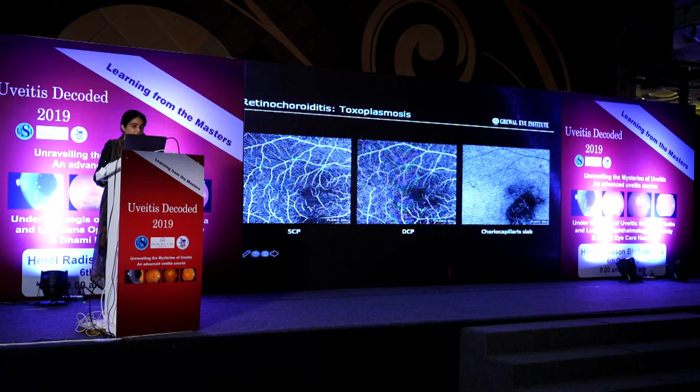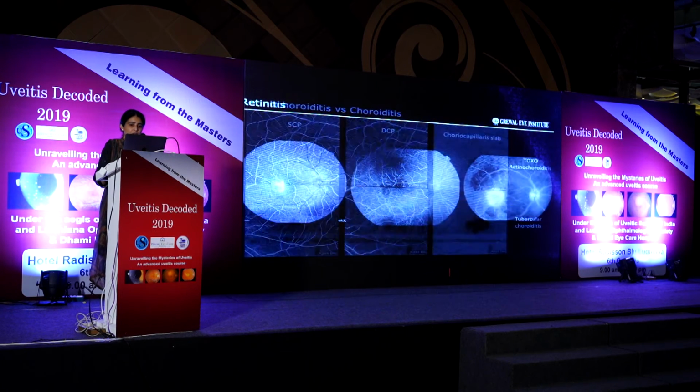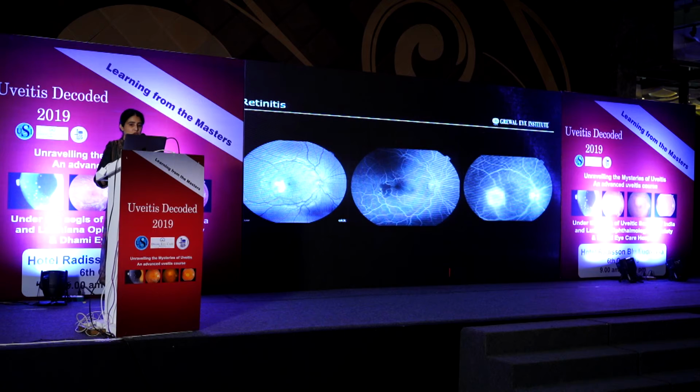Can't really comment on that part yet, just visible as hypoareas on SCP and DCP slabs also. So it helps you to differentiate between toxo and tubercular, as in SCP, DCP slabs will not pick up any significant abnormality if your lesion is at a little deeper level.